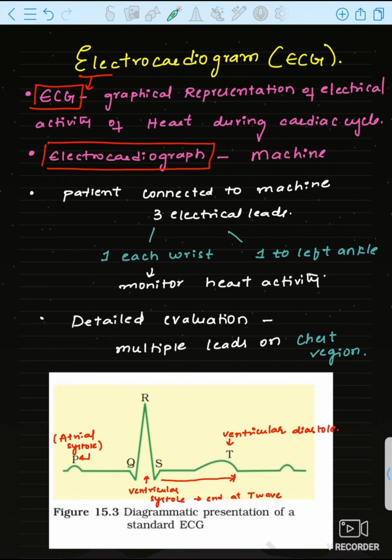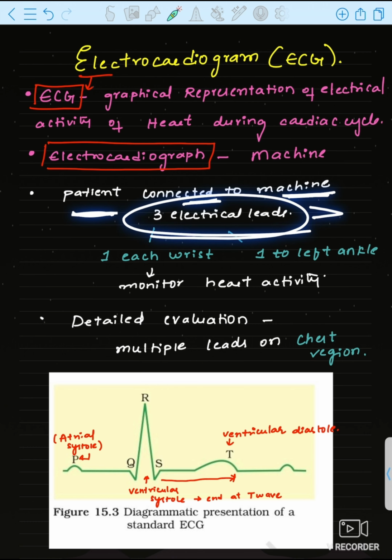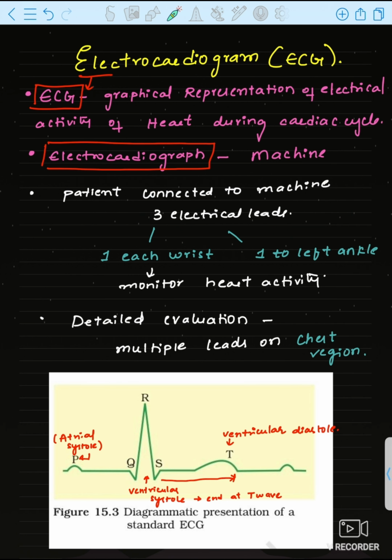See how this ECG is produced. The patient is there, and we have to connect the machine by 3 electrical leads, one on each wrist and one to the left side of the ankle.